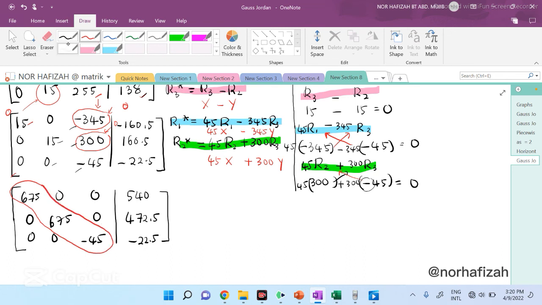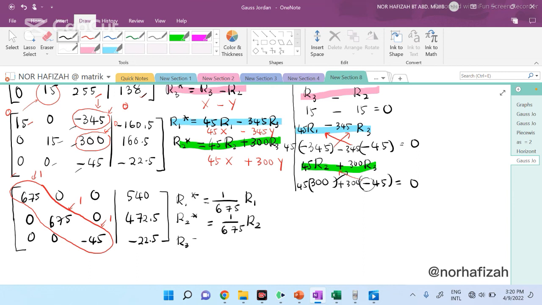Diagonal entries become 1. So this one becomes 1, this one also becomes 1, this one also becomes 1. You just multiply row 1 with this value. So multiply, that means divide 1 over 675 row 1. Okay, do it at the same time. So 1 over 675 row 2.